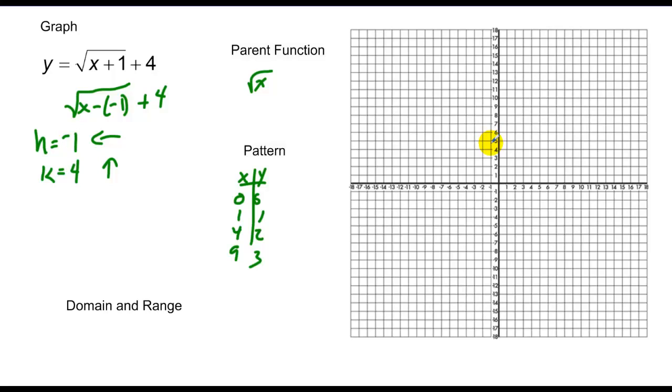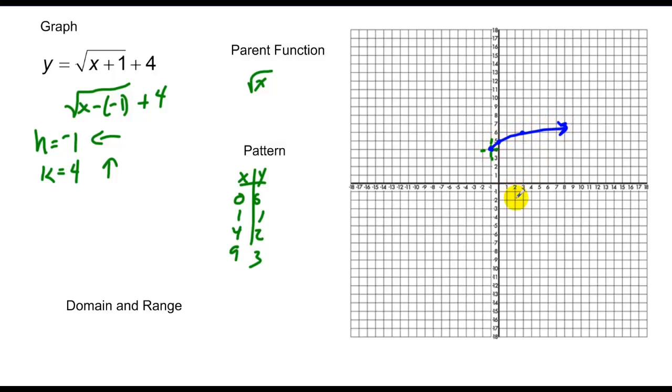So I'm going to put a little dotted line right here. And that's where we're going to start graphing this pattern. So here's 0, 0, 1, 1, 4 over, and 2 up, and 9 over, and 3 up, and I graph.